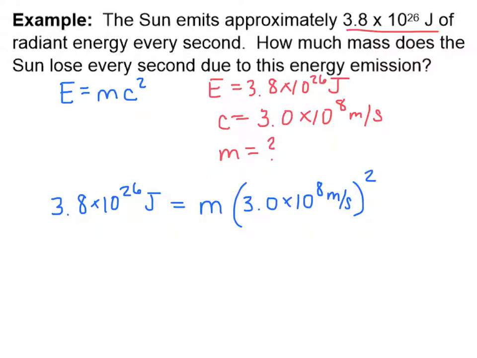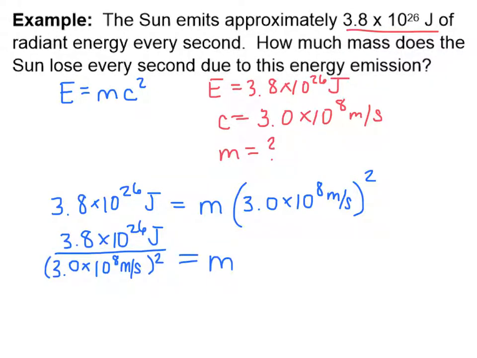I can then do the math. If I divide both sides by this term, I can isolate m, get my variable on one side of the equation. And when I punch all of this correctly into my calculator, I end up with a mass of 4.2 times 10 to the 9th kilograms. That's roughly the mass of 12 Empire State Buildings. That's a lot of mass that the sun loses every second.